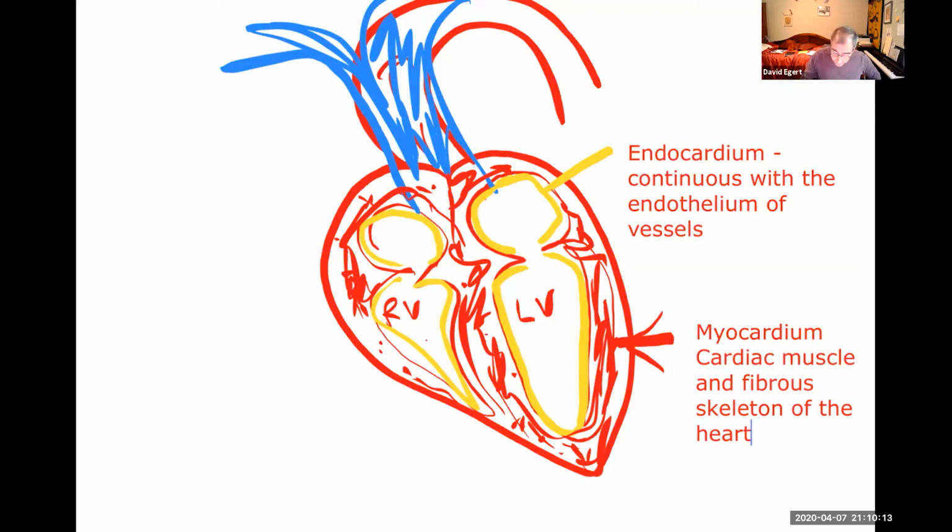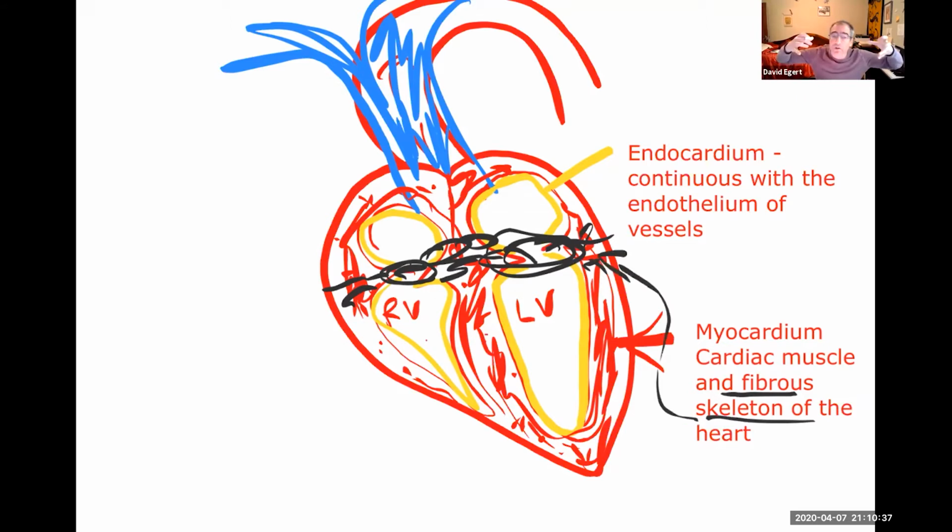If you remember, this fibrous skeleton of the heart really anchors where the valves are.